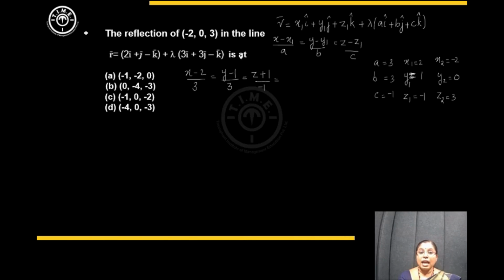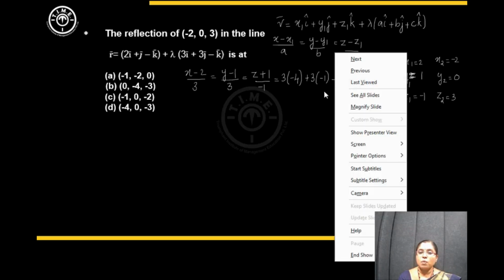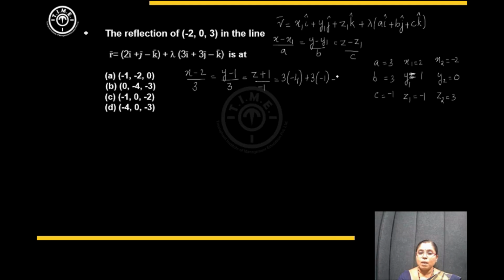For this, a into (x2 minus x1), that is 3 into (negative 2 minus 2), that is negative 4, plus b into (y2 minus y1), that is 3 into (0 minus 1), that is negative 1, plus c into (z2 minus z1), that is negative 1 into (3 minus negative 1), that is 4, divided by 3 square, that is 9, again 3 square 9, plus negative 1 square, that is 1.